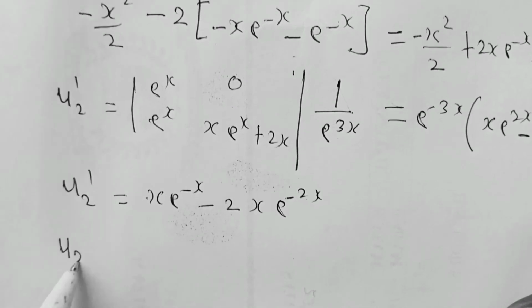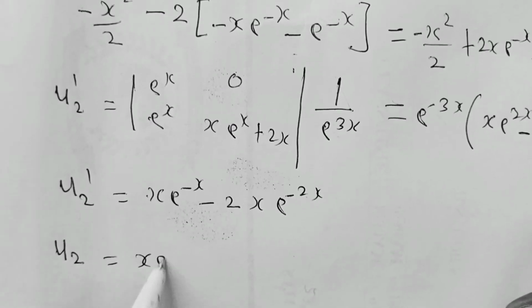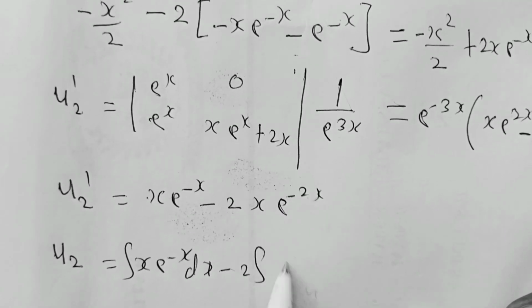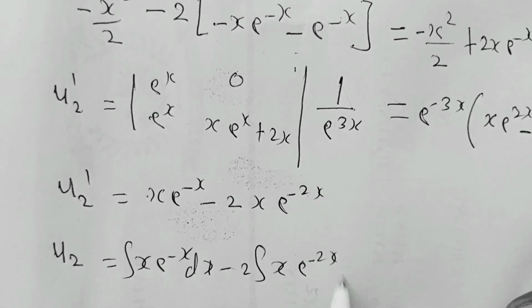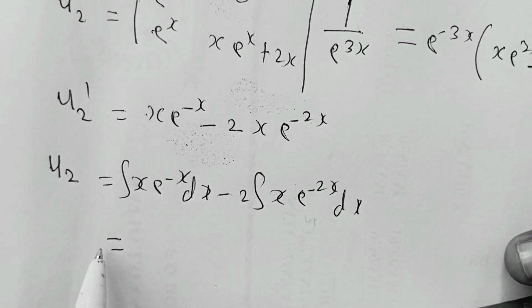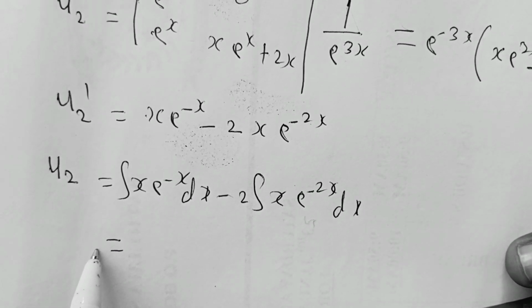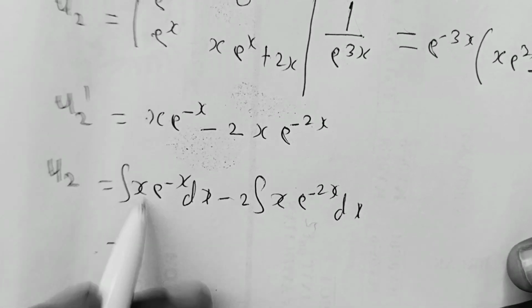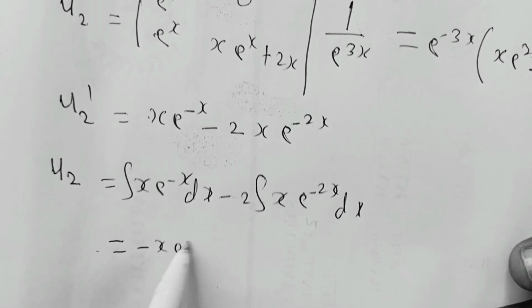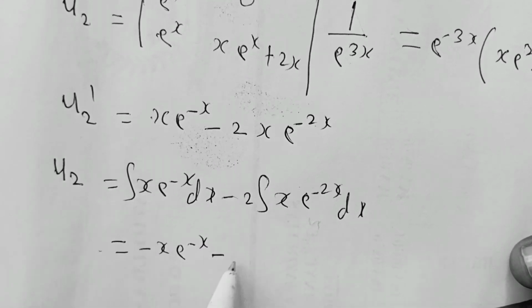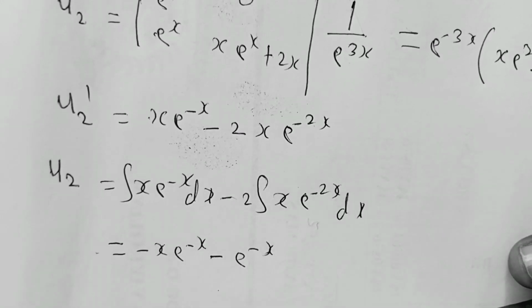So to obtain u2, we integrate: x exponential negative x in integral minus 2 into bracket x exponential negative 2x dx. So we shall integrate this by part. When we integrate by part, the first part, we obtain negative x exponential negative x minus exponential negative x.